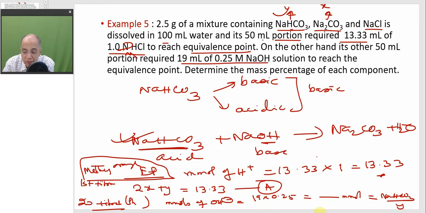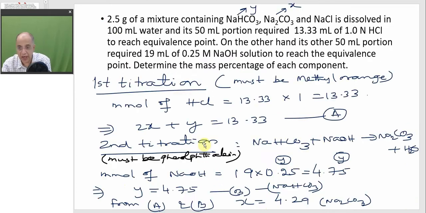So Y is known from the second titration, and 2x plus Y is known from the first titration, and I have done it for you. The number of OH minus ions will be the same as Y here. Now from these two I solved.